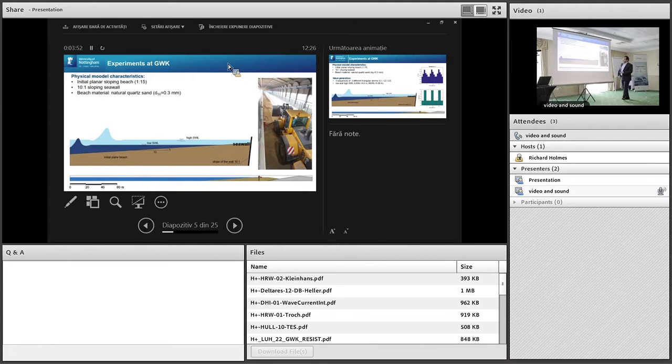So the idea was a seawall with a long foreshore, 1 to 15, and to simulate realistic profiles of storms. So we selected 2 storms of different energetic content, both with erosive conditions. So our wave height continues to change during the storm, and our water level changed during the storm.